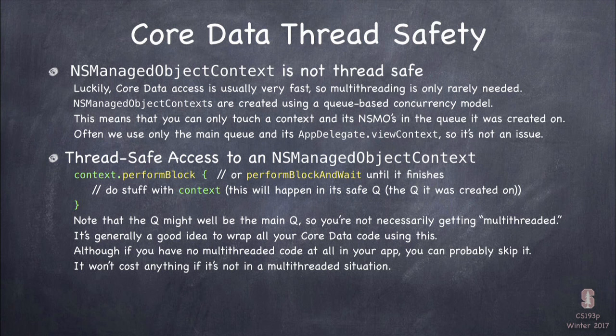Now, that might be a little bit of overkill, especially if you're mostly using the main queue anyway, and maybe you only use background queues for this tiny little bit of processing on the side. It's not like you have tons of contexts in lots of different queues all going at each other. So it might be overkill, but if you're doing anything where you truly have multiple contexts on multiple queues and they're accessing things, this is a good way to be safe.